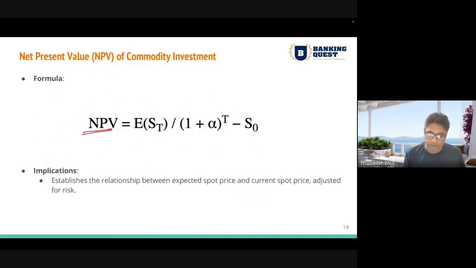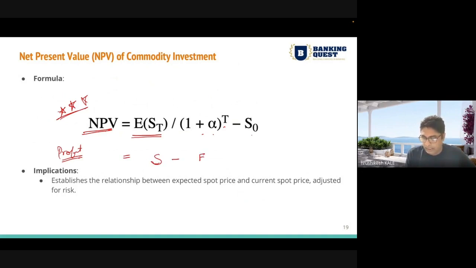NPV, again a measure of profit considering time value of money, is nothing but expected spot divided by (1 plus alpha) raised to power t, minus S0. This is the formula to calculate profit for commodities. So basically, till now, we have seen (S minus F) upon (1 plus R) raised to power t.